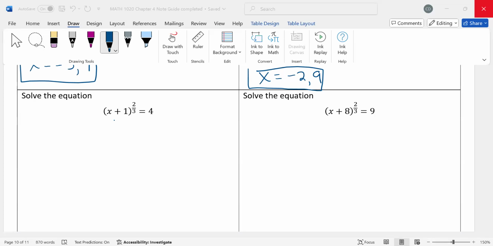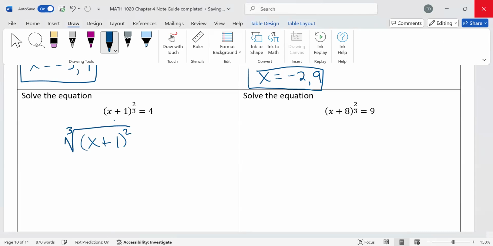All right, so let's look at these. Now the power here is 2/3. I'm going to rewrite this in a different form. So this is the power.